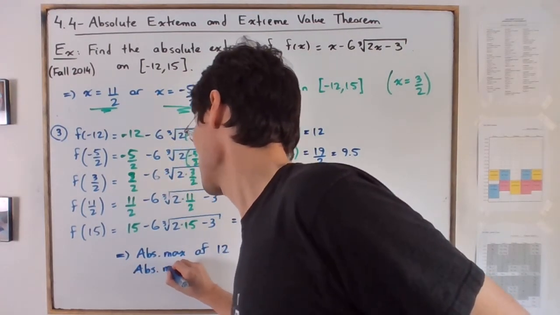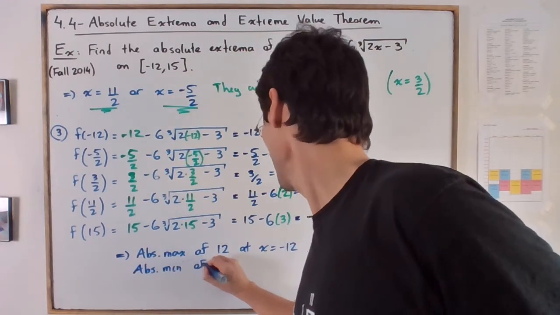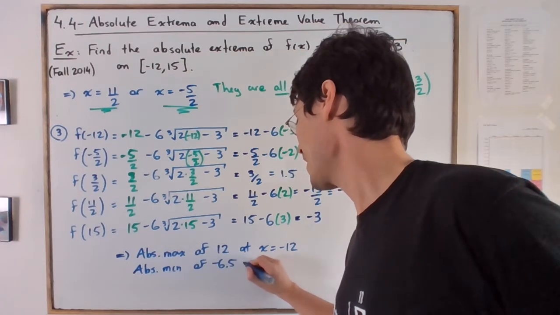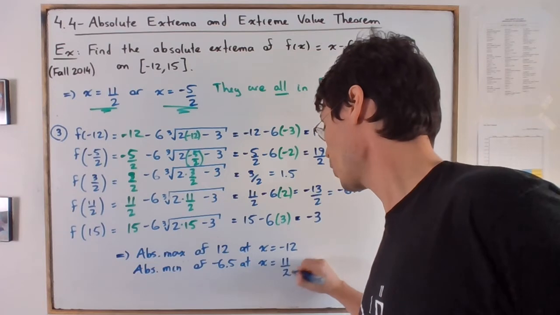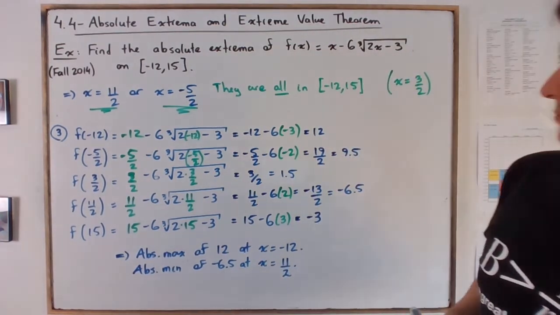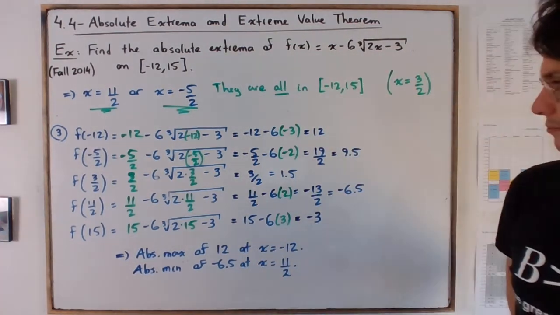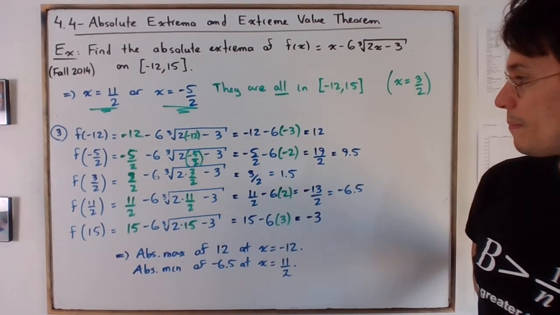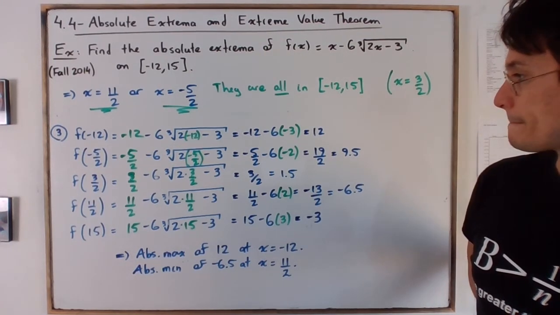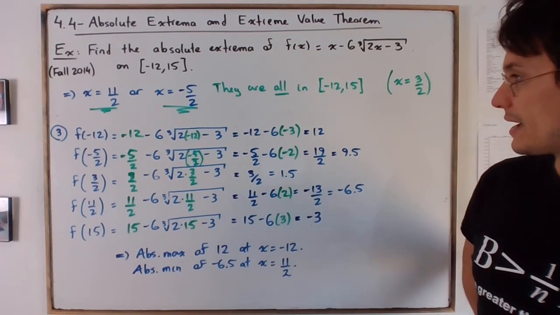So absolute min of negative 6.5 at x equal to 11 over 2. Yep, all good.